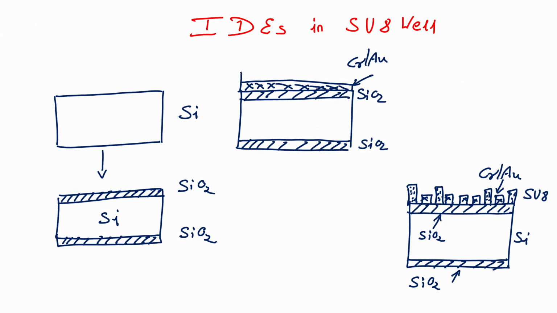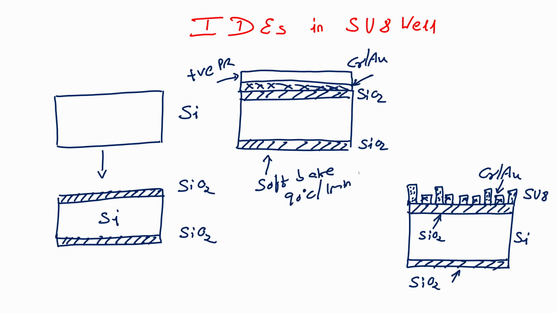On this we will do lithography. So, we will spin coat positive photoresist, right. We will spin coat positive photoresist, then we will do soft bake at 90 degree centigrade 1 minute on hot plate. After that we will load our mask, which will have the pattern that we want for interdigitated electrode.